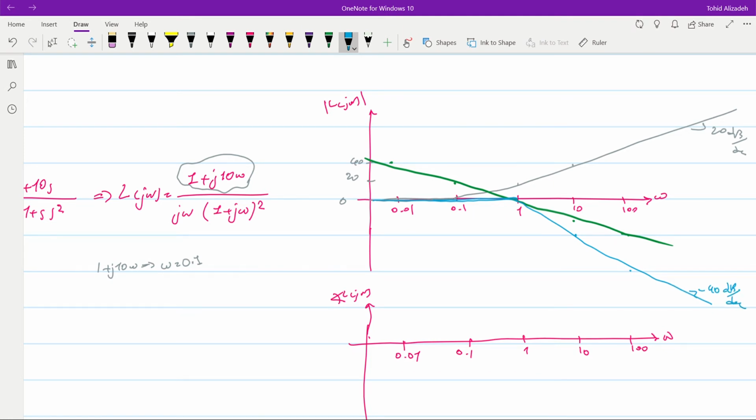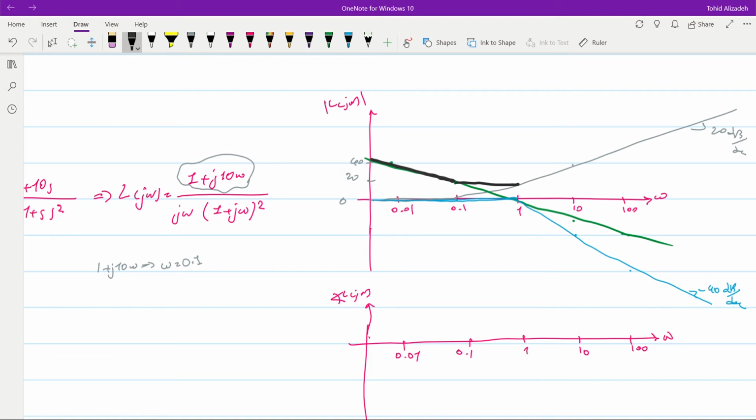And now we can add all these to each other in order to obtain the overall amplitude plot for the system. So until omega equal to 0.1, we will have the amplitude coming from the pole at the origin. And then we'll have the slope of zero dB per decade until omega equal to 1.